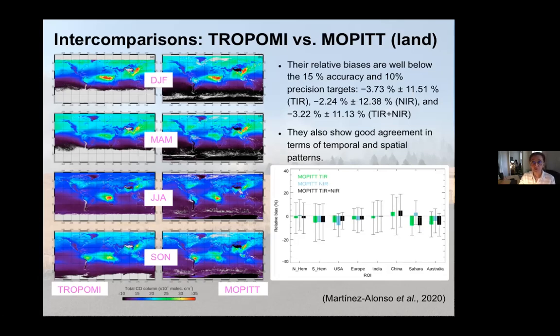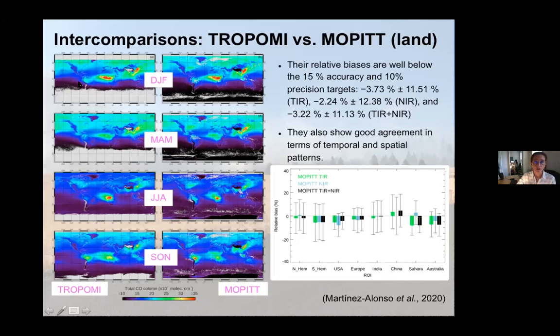So very recently, we completed a comparison between the two data sets. And you can see that visually, the retrievals compare very well, both in the amount of CO each of the two instruments map, and the geographical distributions.